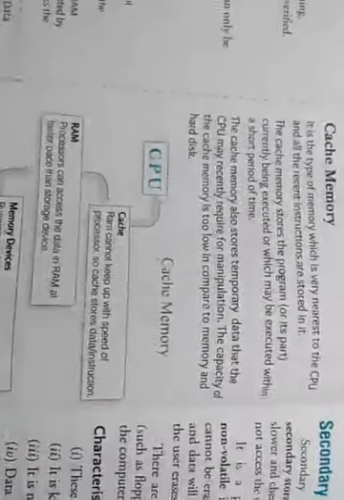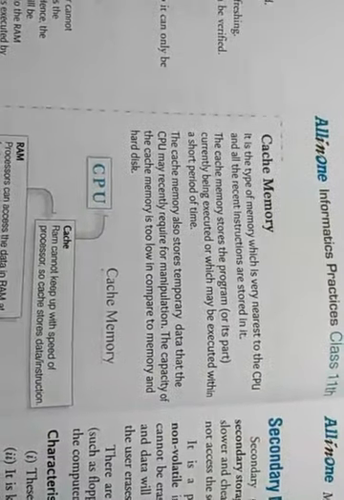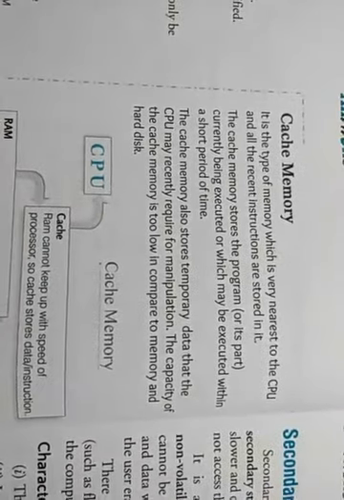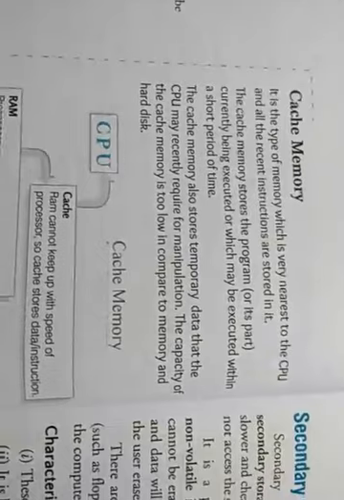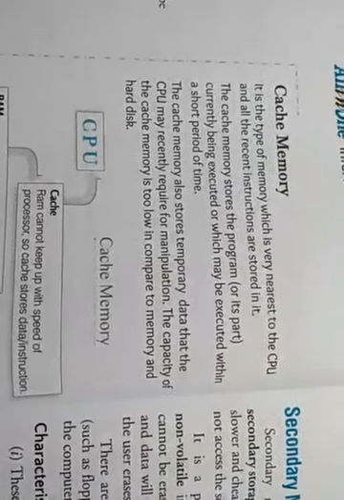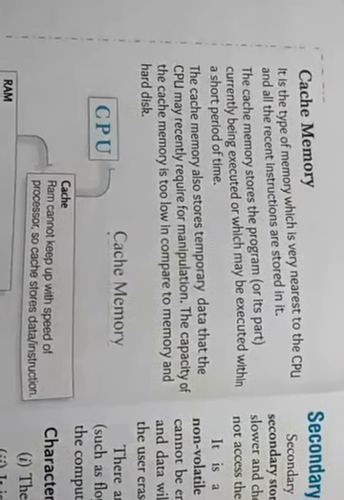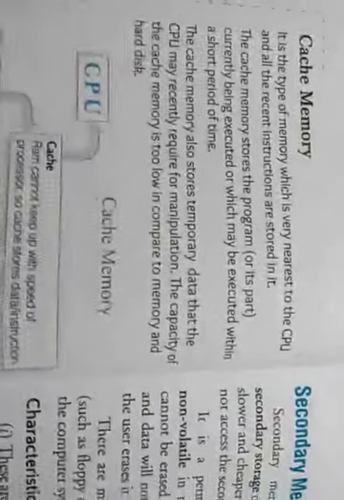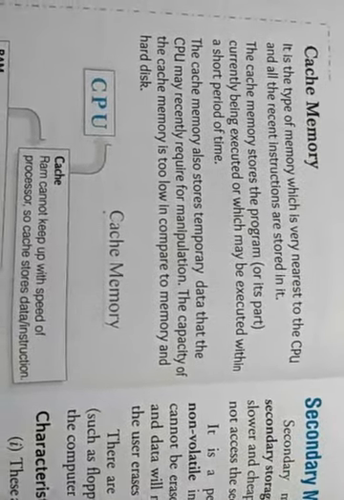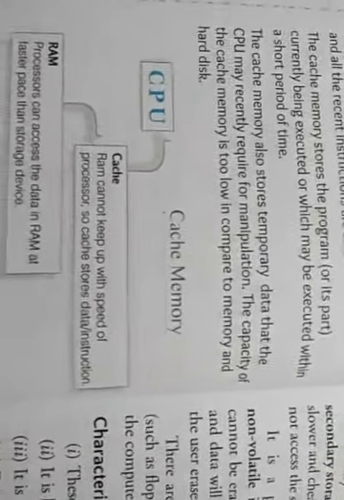So the next primary memory is cache memory. This is placed between the main memory and CPU, or we can say between the RAM and CPU. When we are performing operations on two files again and again, then the system can keep these files in the cache memory, so the operation will be fast compared to RAM because this is nearest to the CPU.